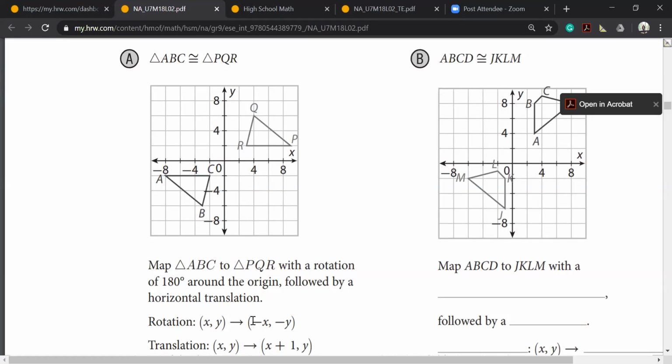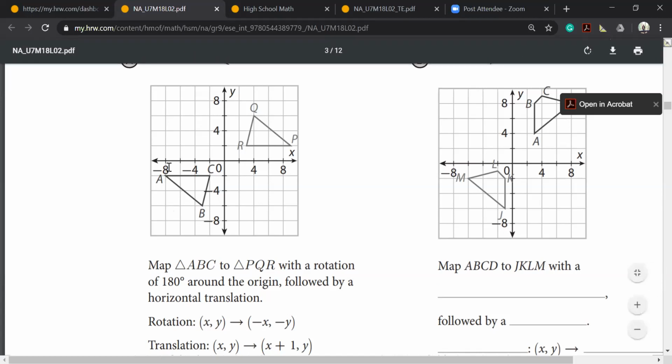And after doing this reflection, actually no, it cannot be reflection, by the way. It's not a reflection across y equal to negative x, as we said. No, it's only rotation, because if you did reflection, point A will not land here. Point A will land up here.